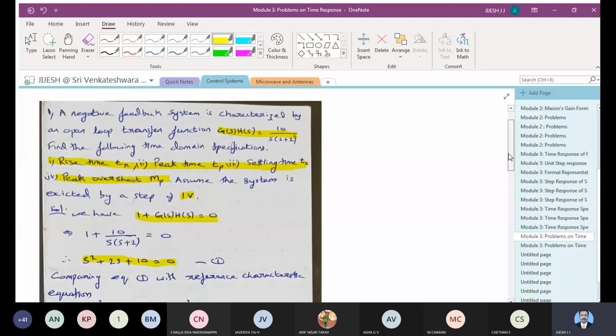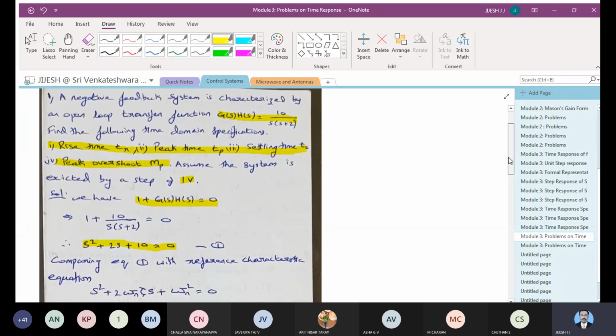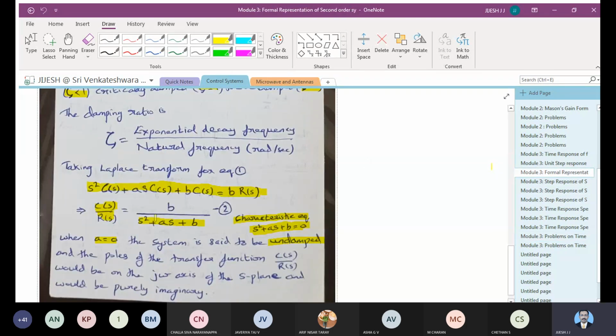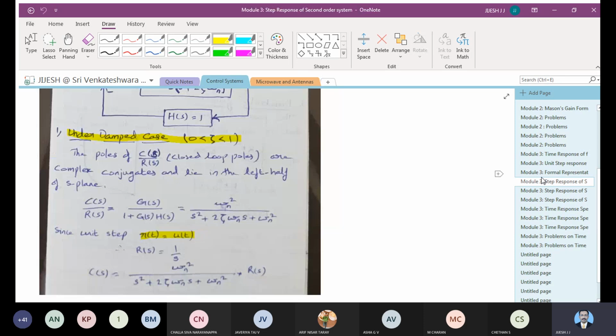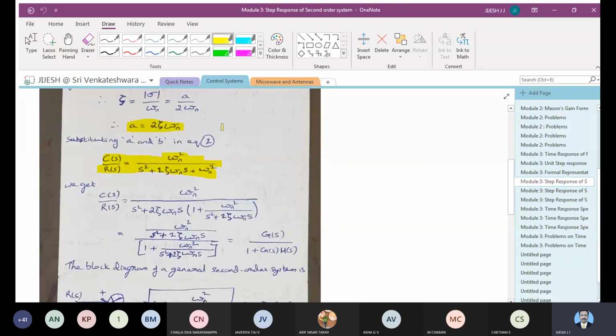So comparing equation 1 with the reference characteristic equation. So what was that equation we have seen? Once again, I'll take you there. So this was the characteristic equation where we have substituted A and B in the subsequent class, and we got the final equation in this form. So it is like s square plus 2 zeta omega n s plus omega n square.